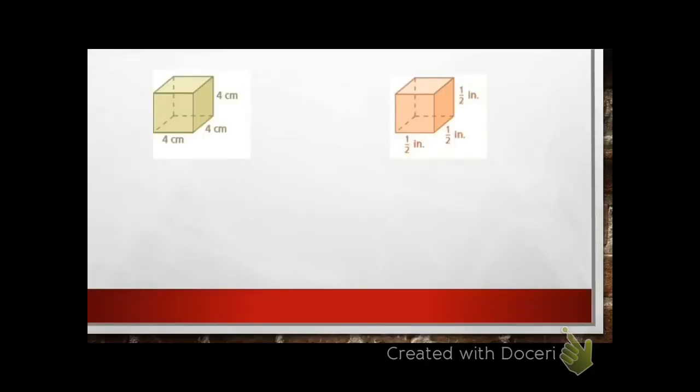So let's go ahead and use our formula: surface area is equal to 6 times side squared. So 6 times, what is my side? 4 squared. Now you always take care of your exponents first.